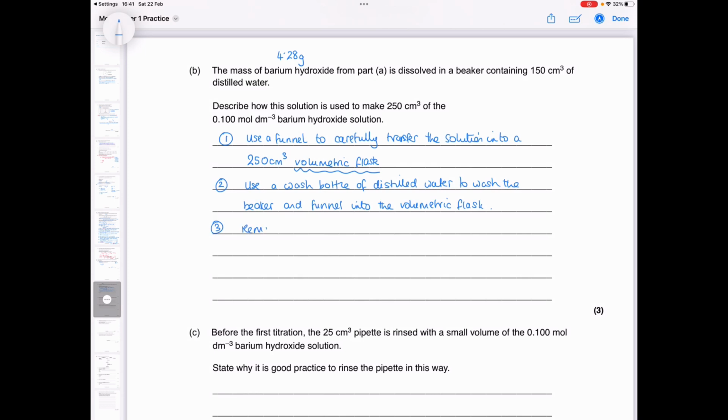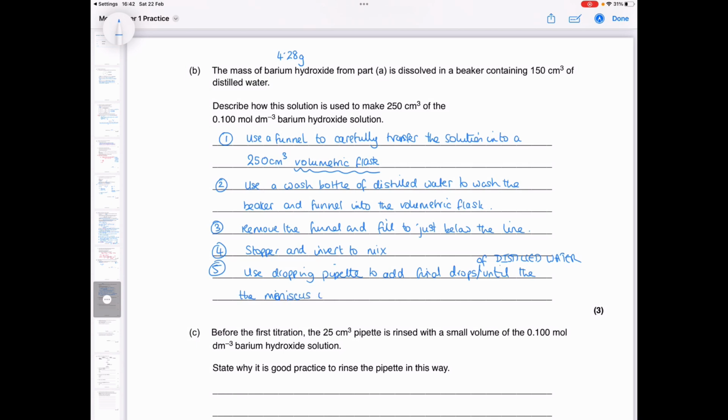And then part 3 is going to be remove the funnel and fill to just below the line, stopper and invert to mix, and then use a dropping pipette to add final drops of distilled water until the meniscus is on the line.